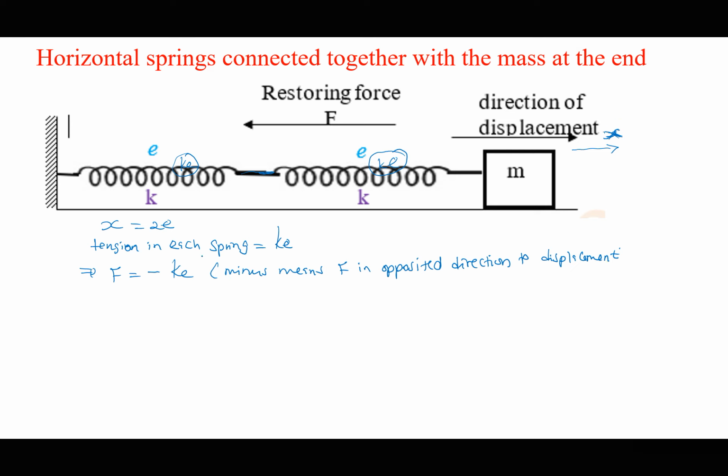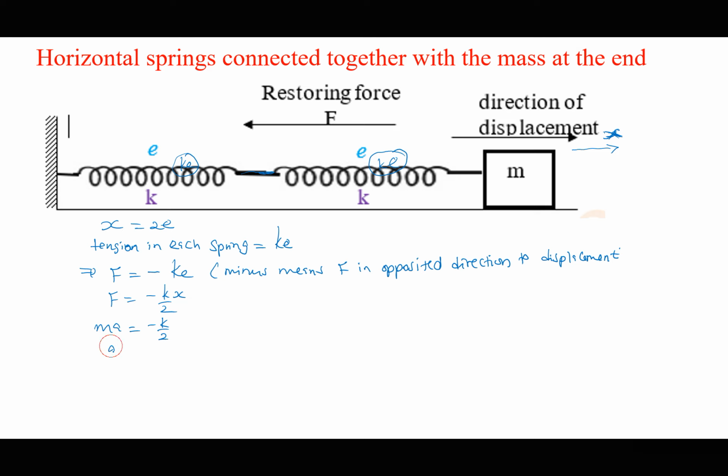So if I bring in x here, x was 2e, so where there is e, I'm going to put x over 2, so it means F is going to be equal to negative kx divided by 2, because e is going to be x over 2. Okay, so by Newton's second law, ma is going to be equal to negative k over 2.